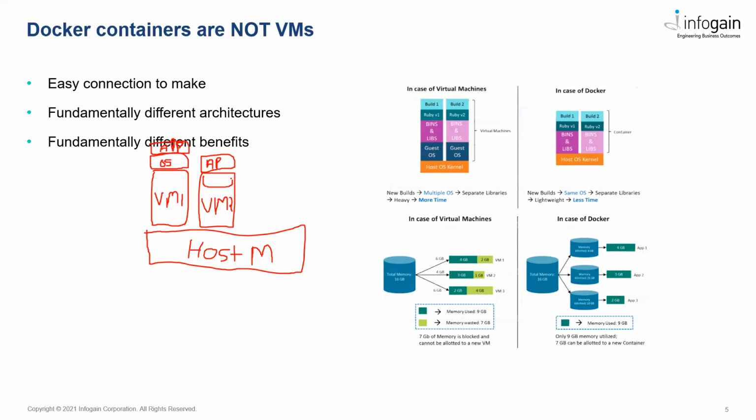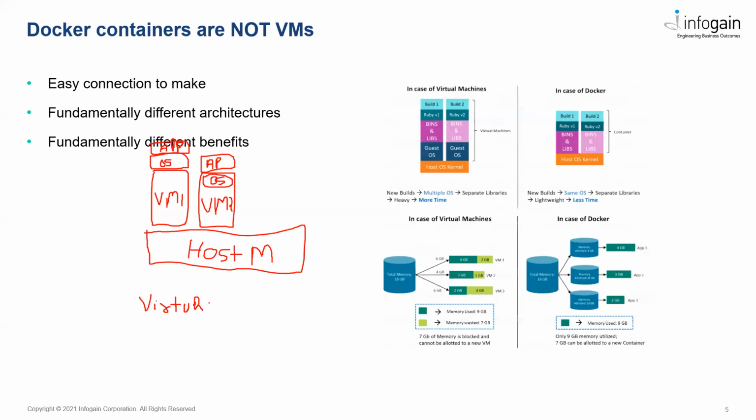VirtualBox. What is this VirtualBox? It's basically used for virtualization. If in a host operating system you want to run another operating system, then you need a VirtualBox. It's a virtualization engine.